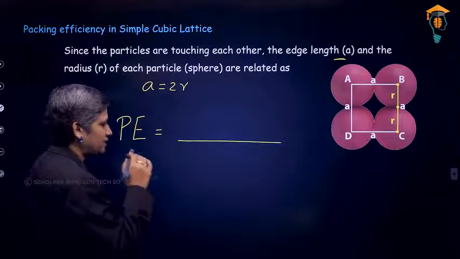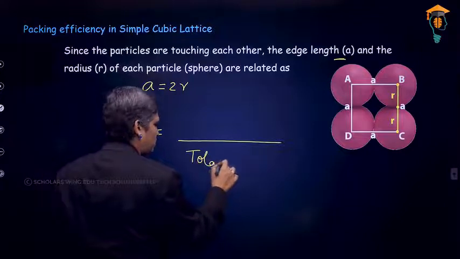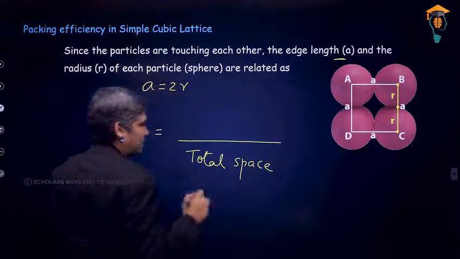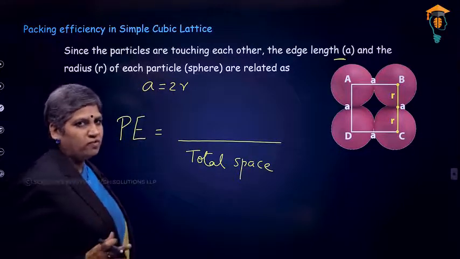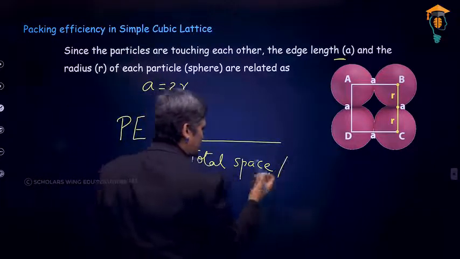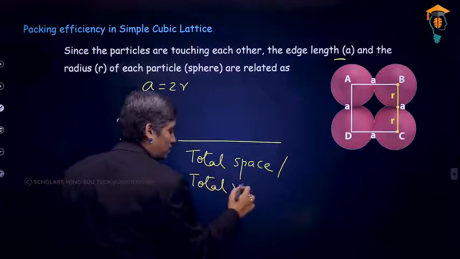Packing efficiency is given by the formula. So here you will write total space available. When I say total space, it represents the actual volume of the unit cell. So either you can say total space or you can say total volume, right? But of what?